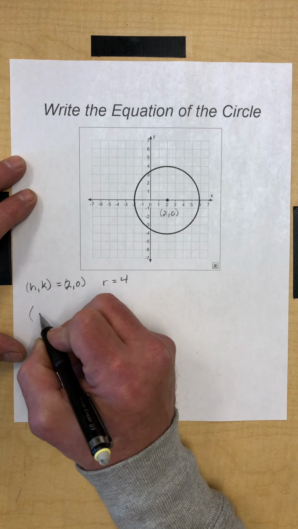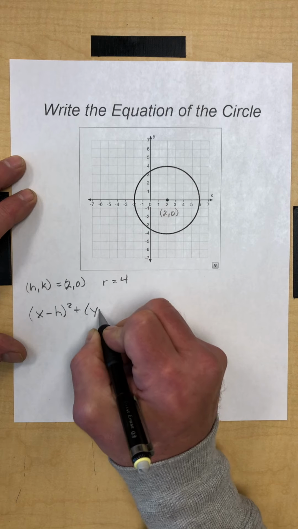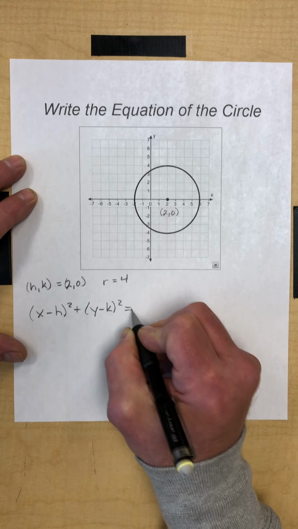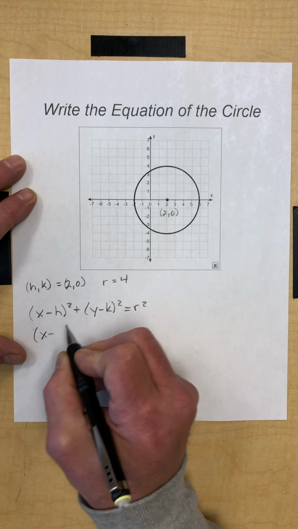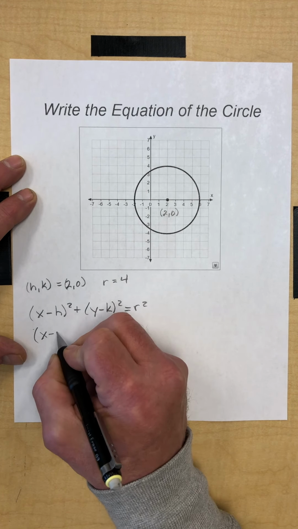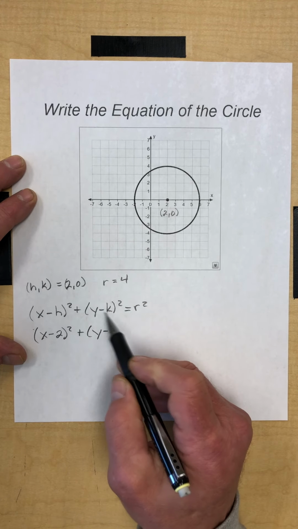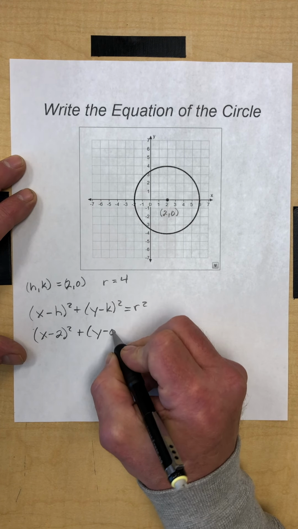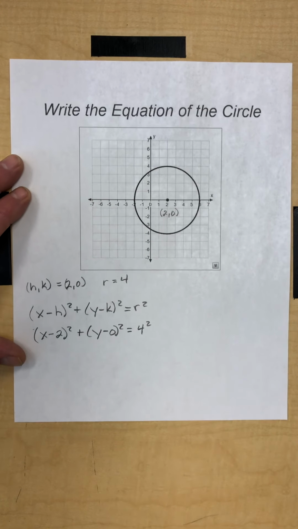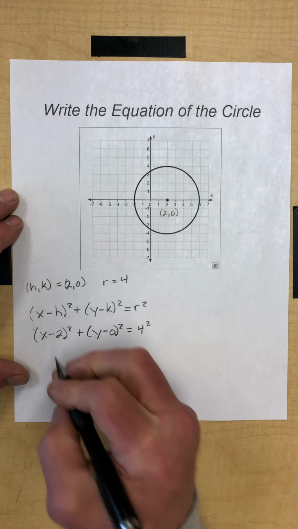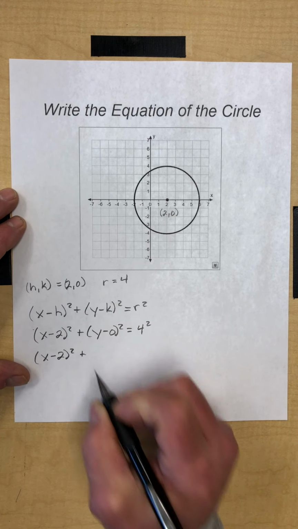So we go to our formula, x minus h squared plus y minus k squared equals r squared, and substitute in. The x coordinate of the center is 2, so x minus 2, squared, plus y minus 0, squared, equals the radius squared, 4 squared. Then we simplify.